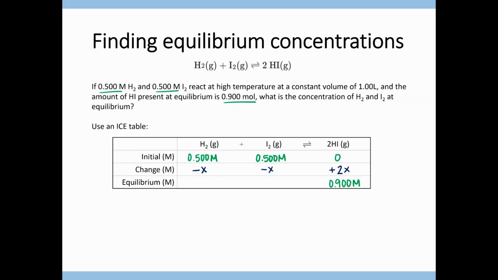Okay, so once you have all of that added in, we can use a column to solve for X. HI starts at a concentration of 0, increases by 2x, and then ends at 0.9. So for this column, we have 0 plus 2x equals 0.900 molar. So X is 0.450.